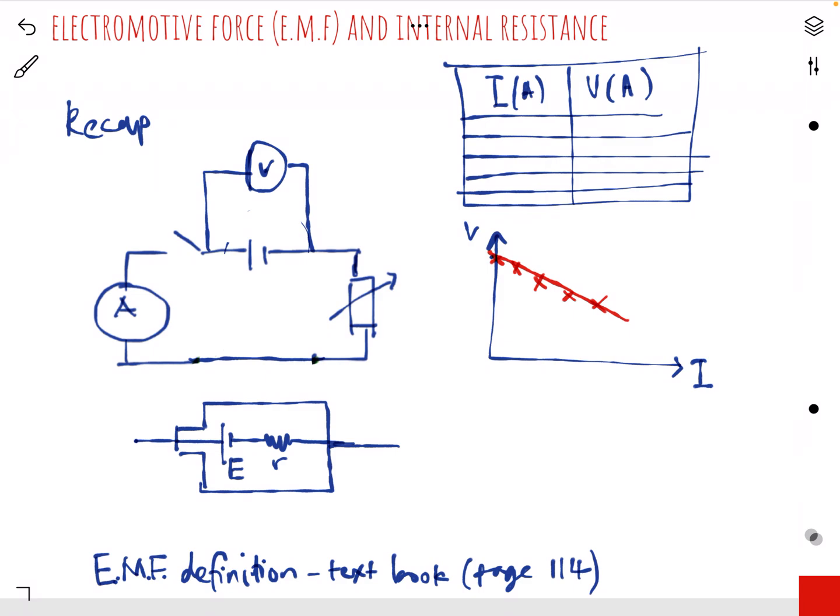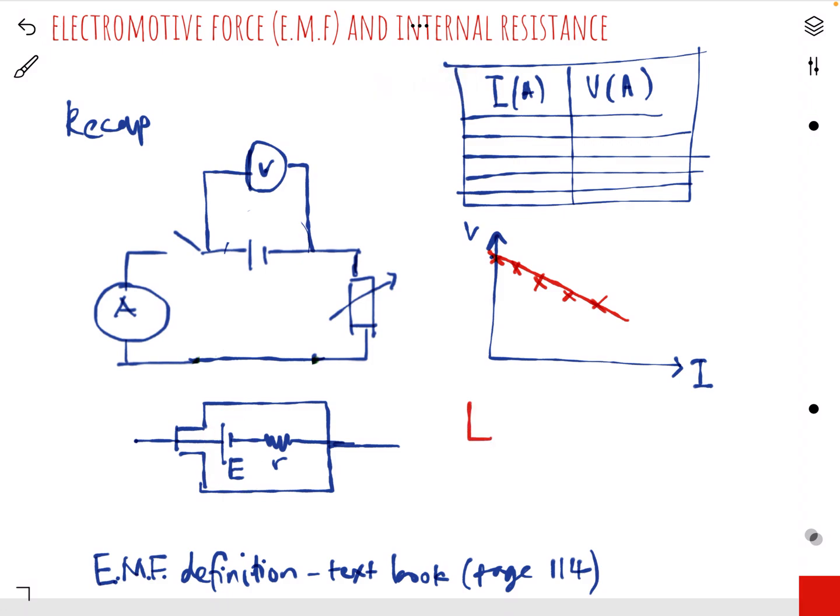Now let us try to look at the voltage here. As I told you, we have electromotive force here and we have resistance. The energy comes from the dry cell, or given by the value of EMF here.